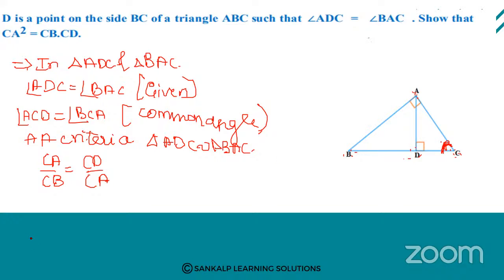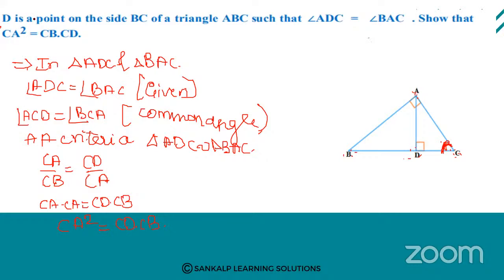Therefore, CA divided by CB is equal to CD divided by CA. Now transfer this CA to this side and CB to this side. You will get CA into CA is equal to CD into CB. CA square is equal to CD into CB.